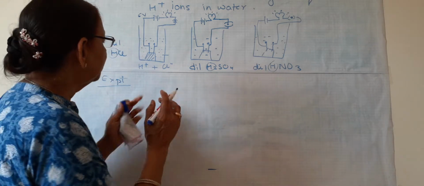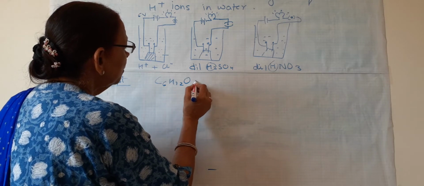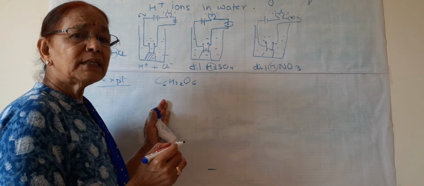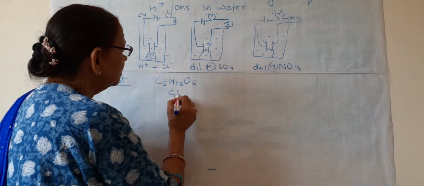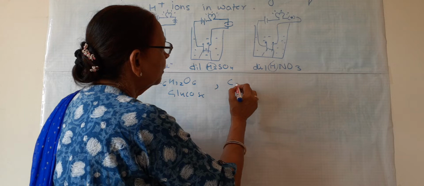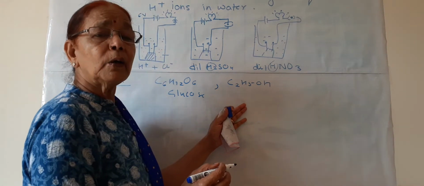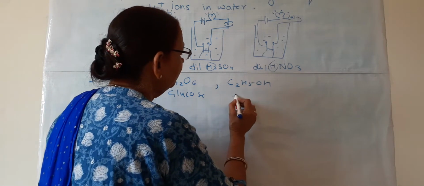We will prove it by taking two compounds. One is glucose. All of you know the formula, C6H12O6. This is glucose. And second, we take ethyl alcohol, C2H5OH. This is ethyl alcohol or ethanol.